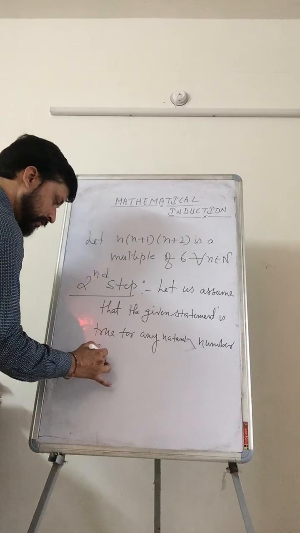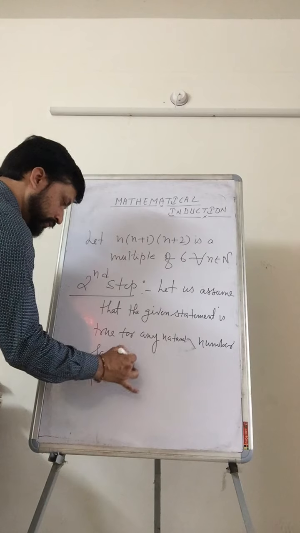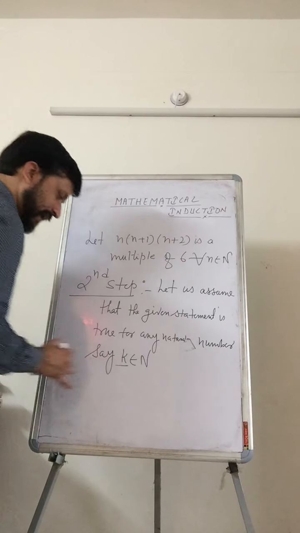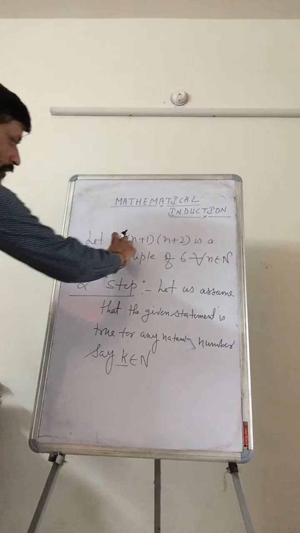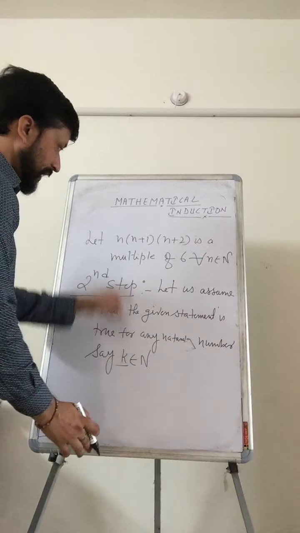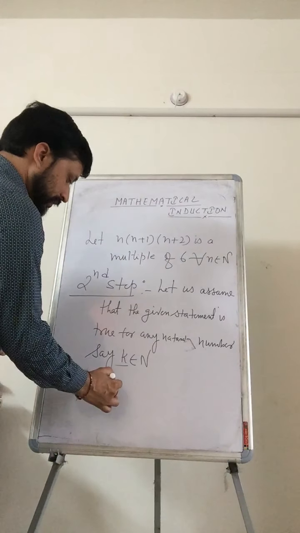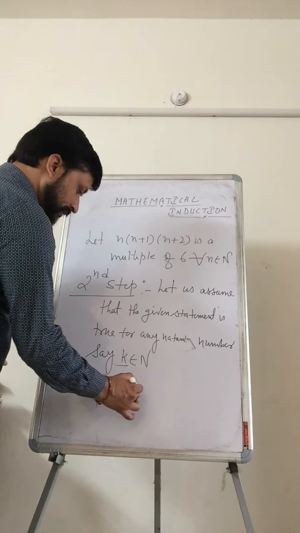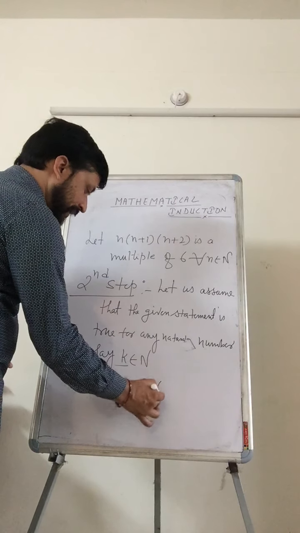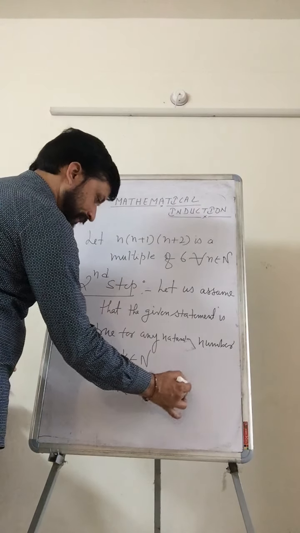Say k belongs to n. Means k is your any natural number. After doing this, in the next step what will we do? We will replace n everywhere with k. So k plus 1 and k plus 2 we are getting.